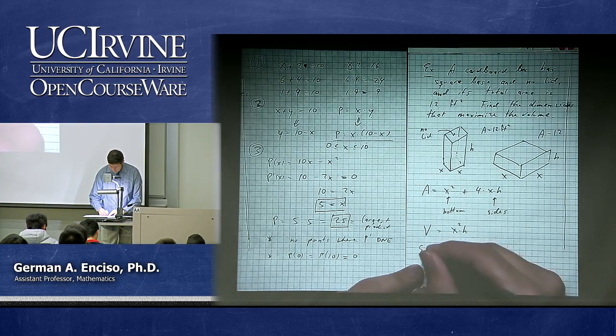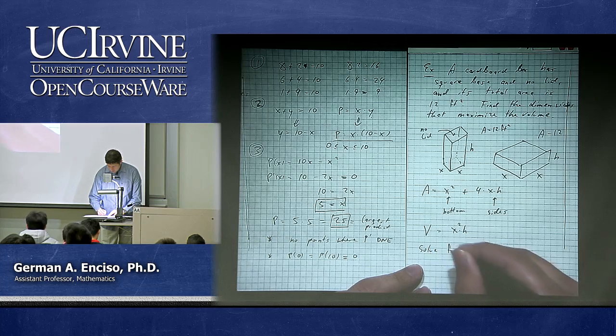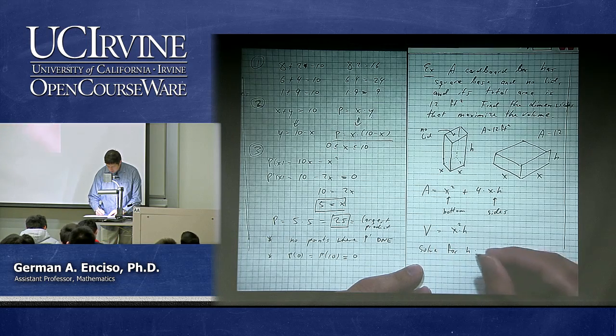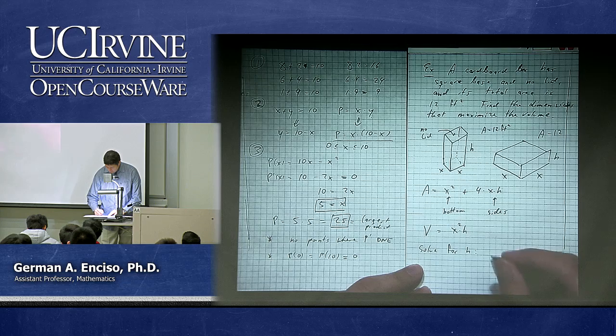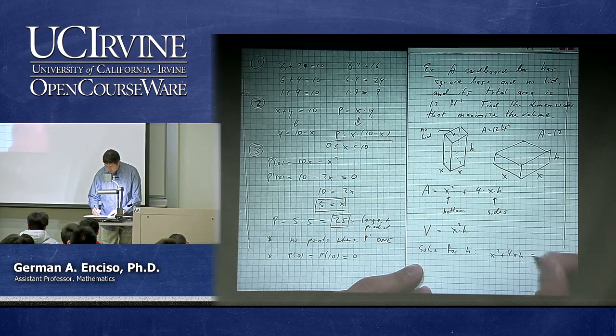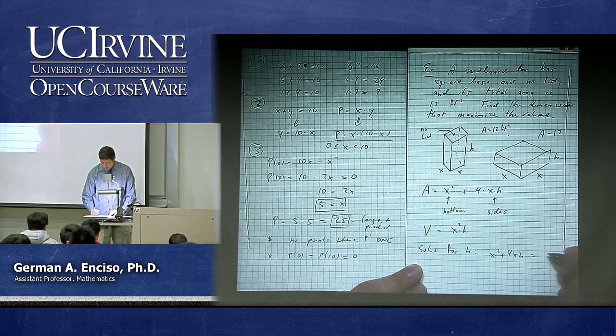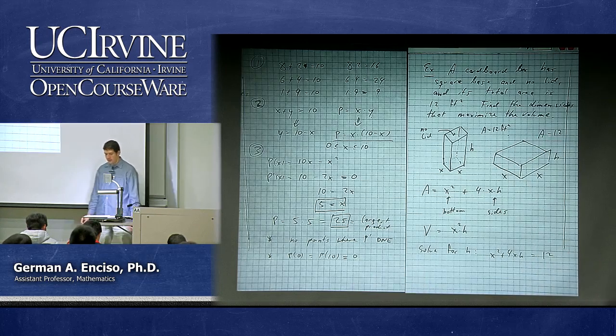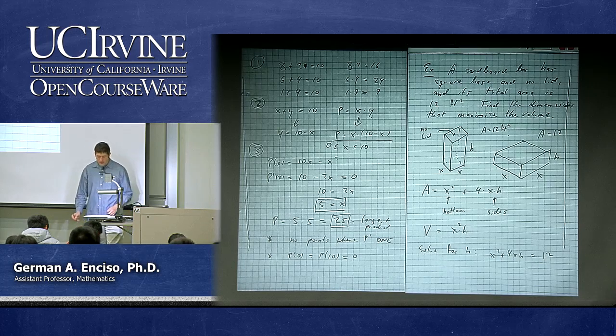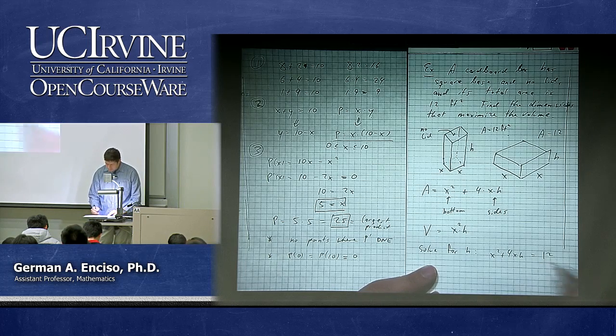Okay, so solve for h. x squared plus 4xh is equal to, and here we use the information that the area is 12 square feet. Okay, so x squared plus 4xh is equal to 12, and we want to solve for h here.